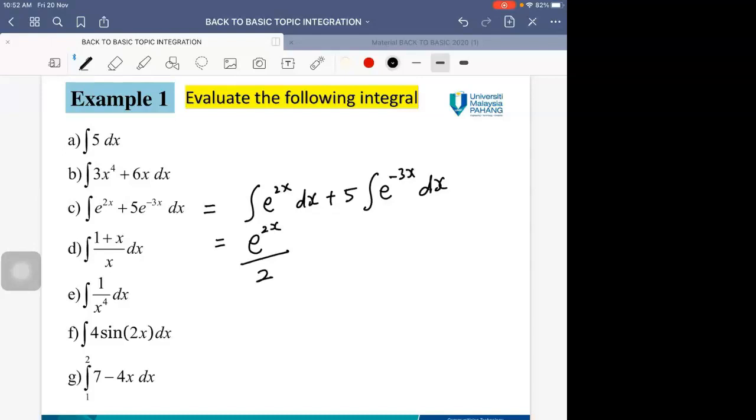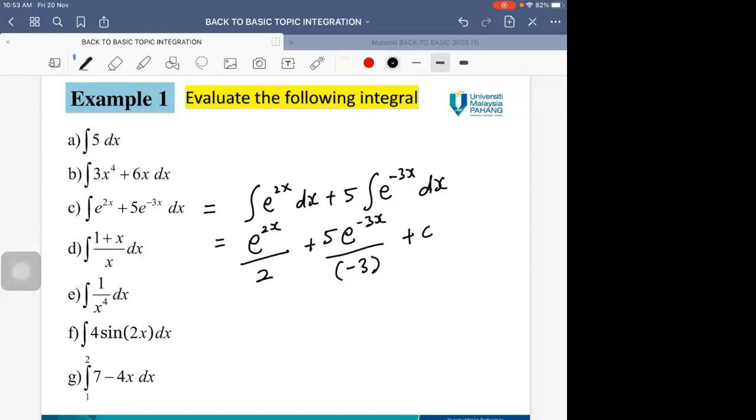Yes, we divide by the derivative of 2x. We divide by the derivative of the power of the exponent. Then what do we have here? Plus 5 exponent negative 3x and then divide by what? Negative 3. Be careful. If you have negative, you should have negative. Plus constant.